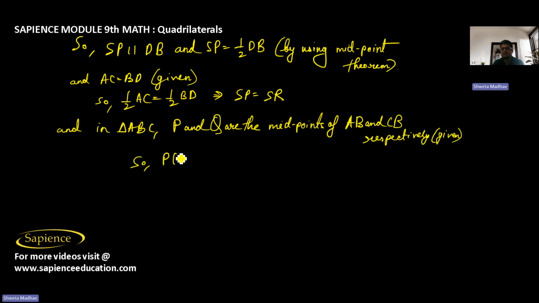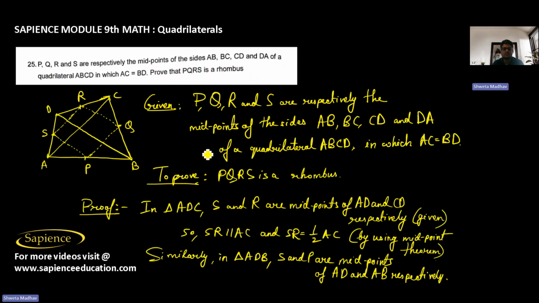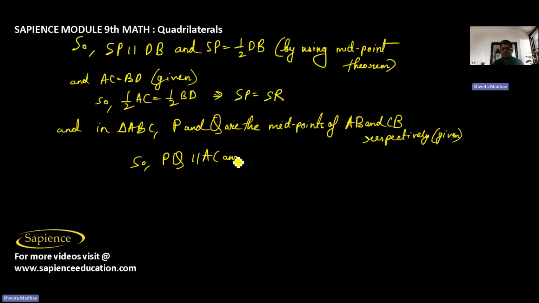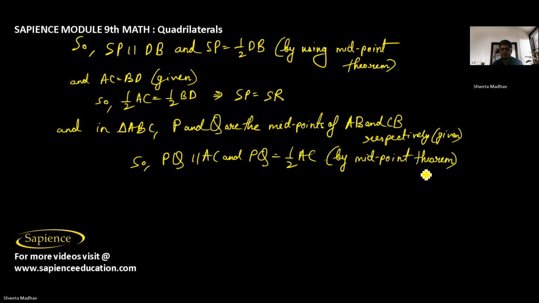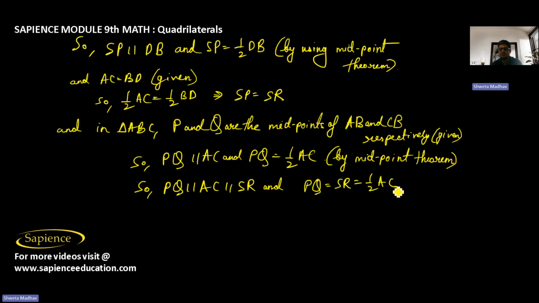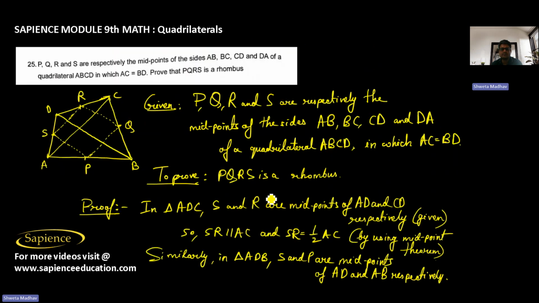So I can say that PQ is parallel to AC and PQ equals half of AC, by using the midpoint theorem. So hence I can say that PQ is parallel to AC, which is parallel to SR, and also PQ equals SR, since both are equal to half of AC.